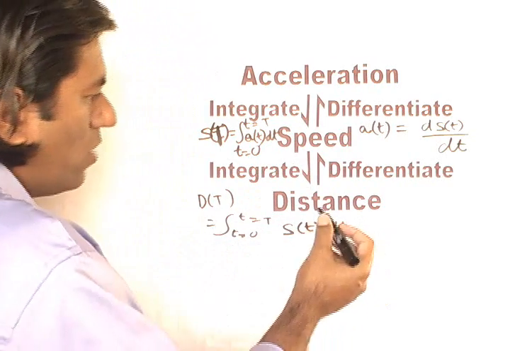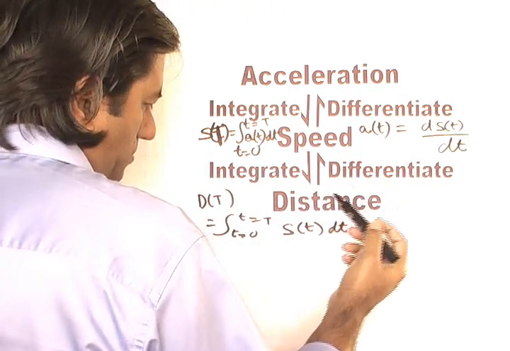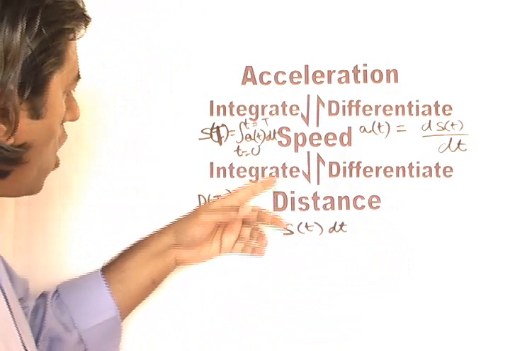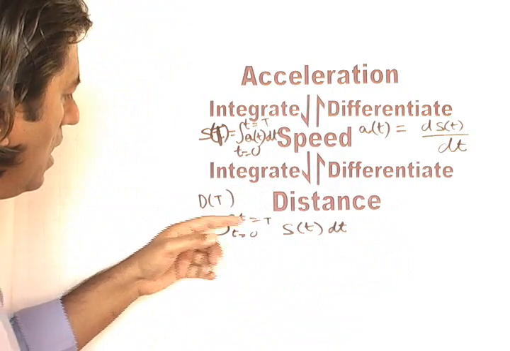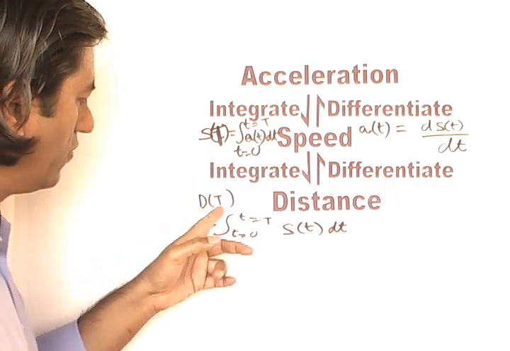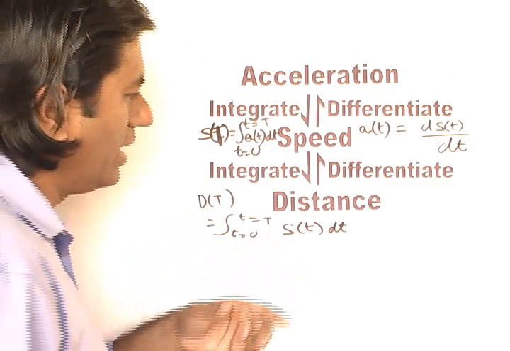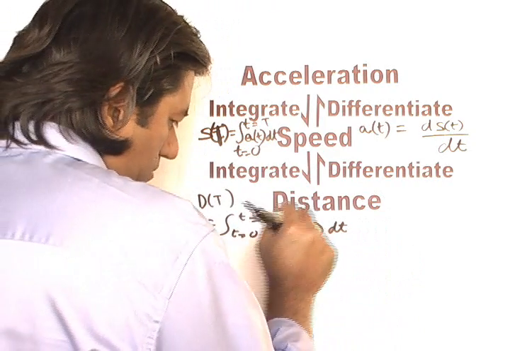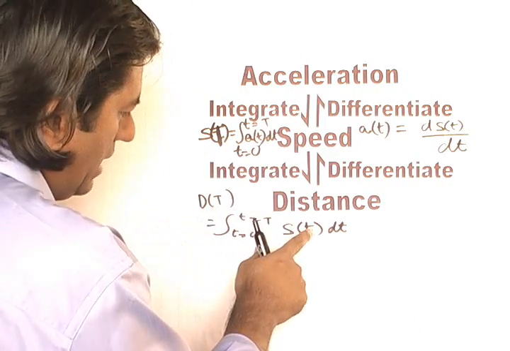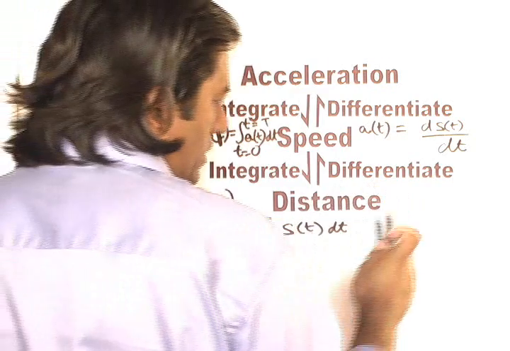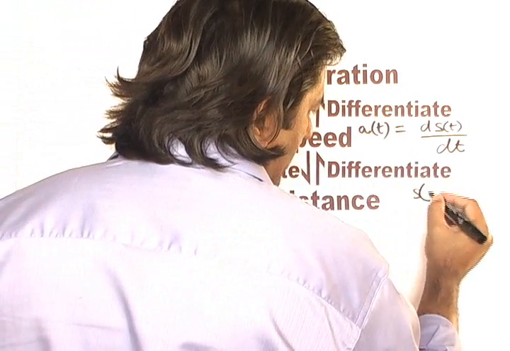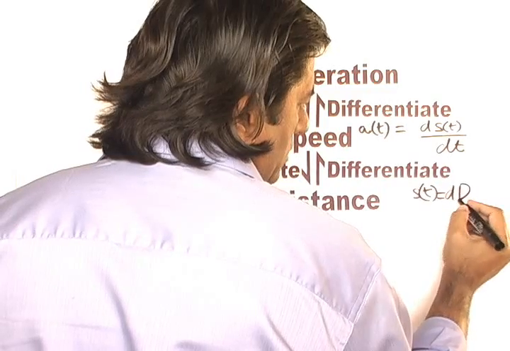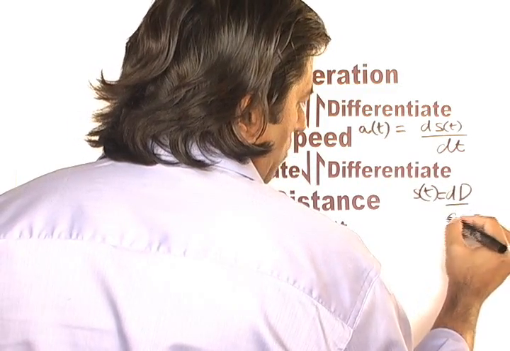So this is moving from speed to distance. That's how you get the distance. And if you want to find speed from distance, that simply is s(t) equals the derivative of distance with respect to time.